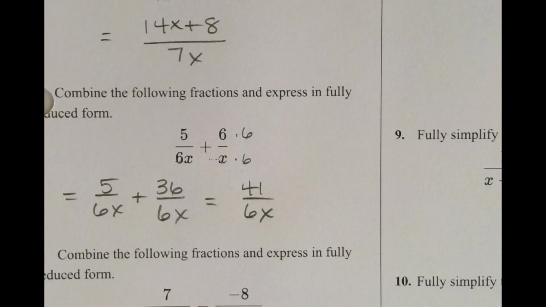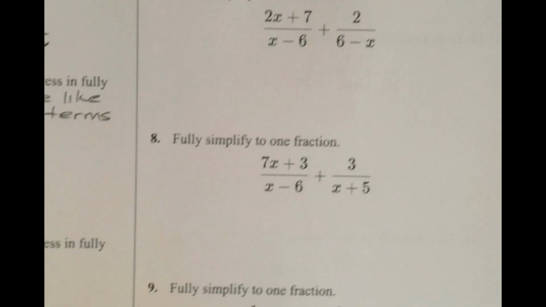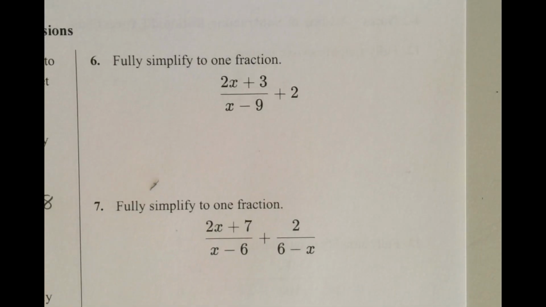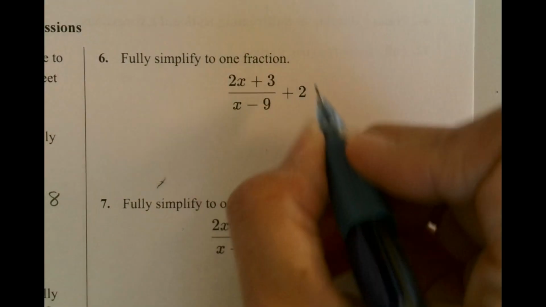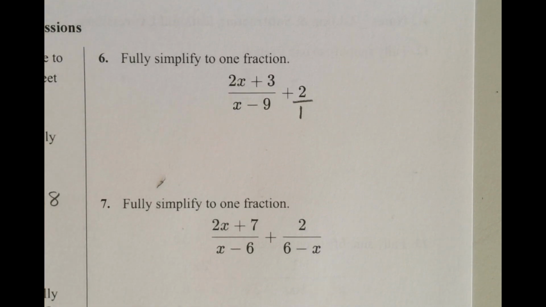Another example would be, we'll skip number 4 and 5, if you would go with me to number 6. Sometimes you are going to add and subtract where a whole number is involved. So the reminder with regards to whole numbers is that there is an invisible 1 underneath that whole number, okay?